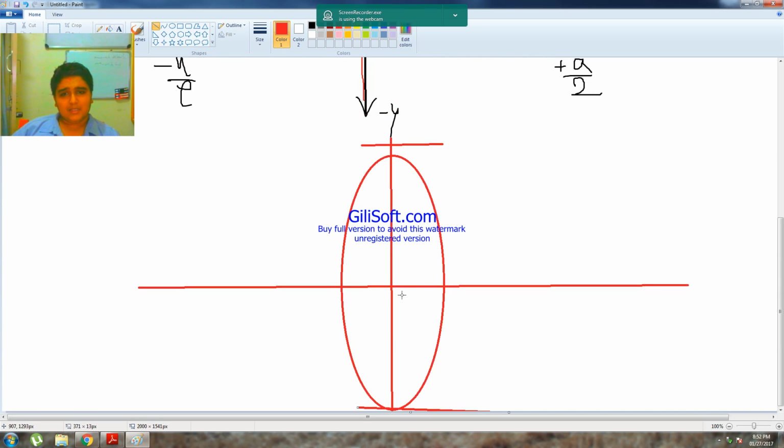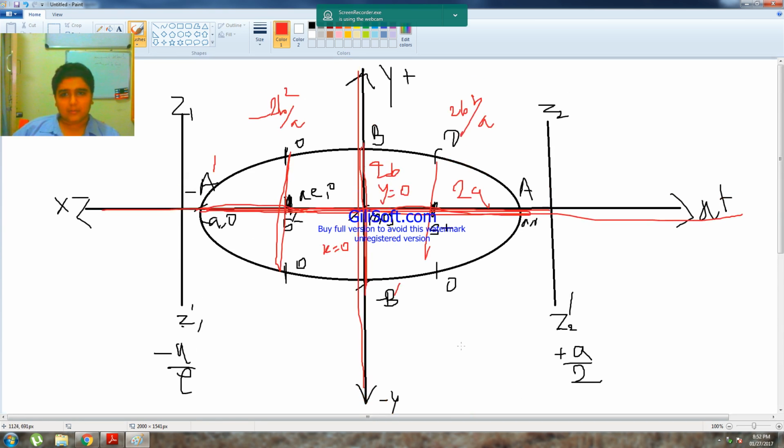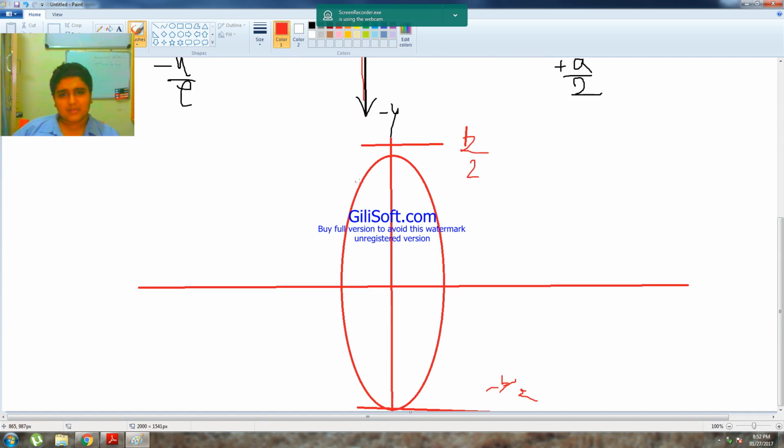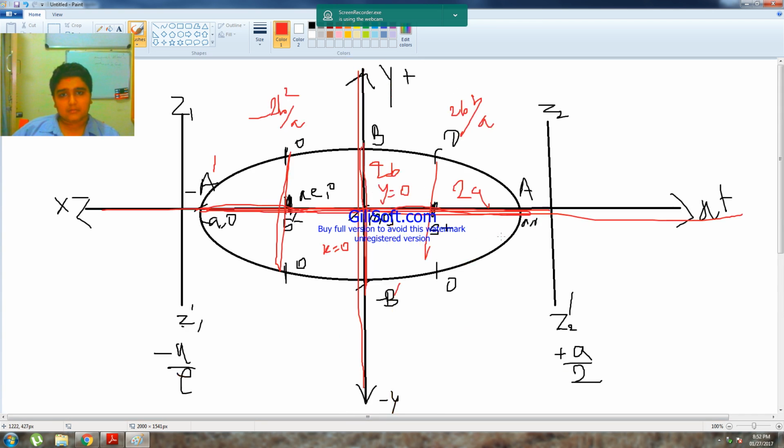So if this is a upon e, this would be b upon e, and this would be minus b upon e. The entire thing, a and b, is going to get inverted. Over here, this would be b comma 0, minus b comma 0, a comma 0, minus a comma 0. And the center is going to remain the same.